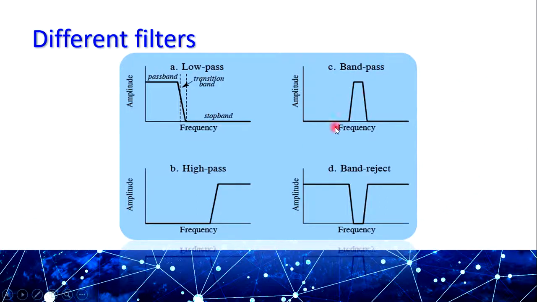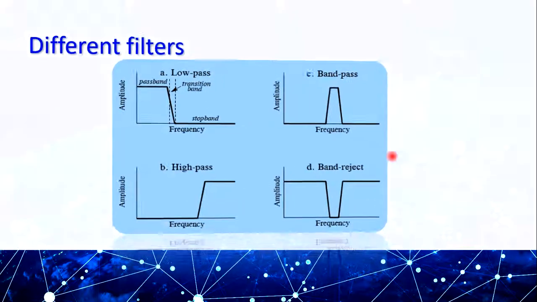A band pass filter allows a band of frequencies to pass and blocks all other frequencies. Band reject does the reverse of the band pass filter: it rejects only the desired band of frequencies and allows all the other frequencies to pass through the filter.